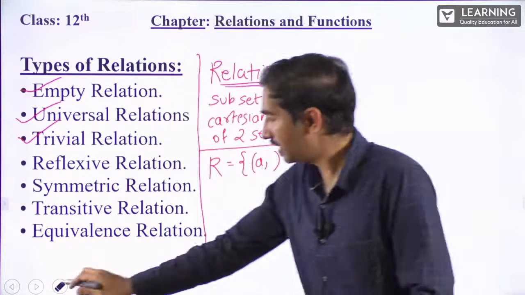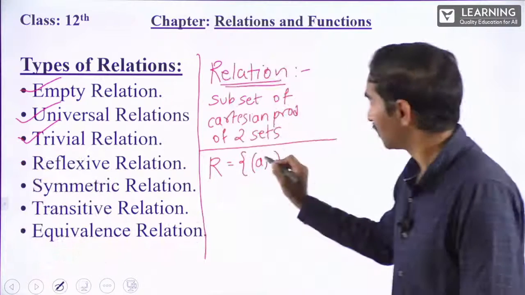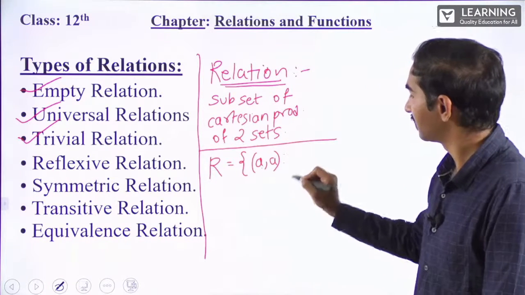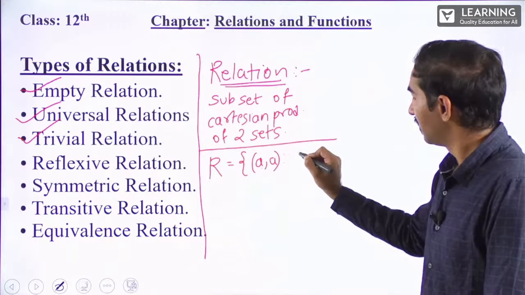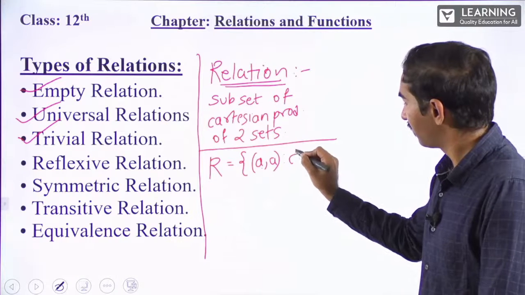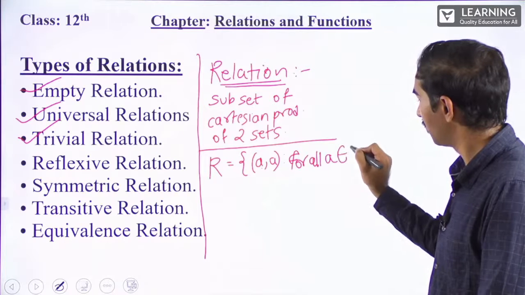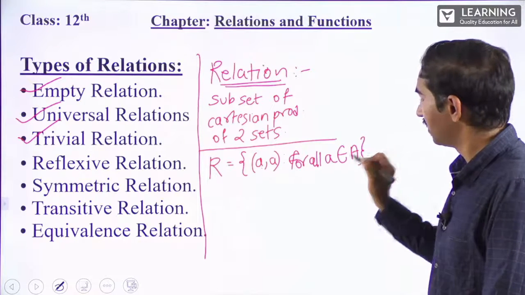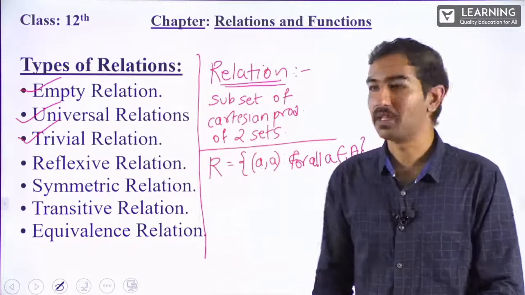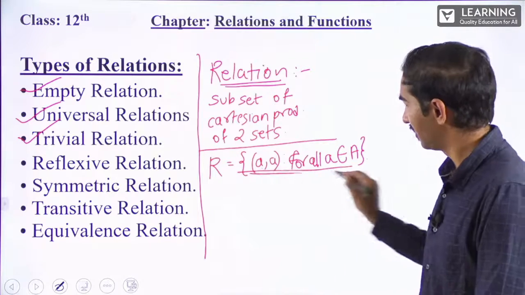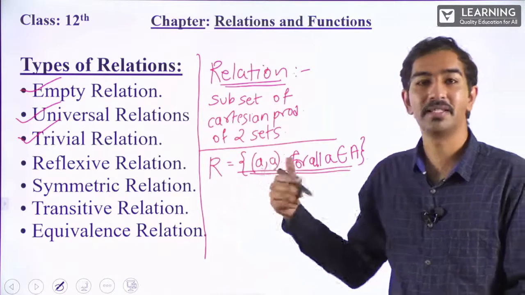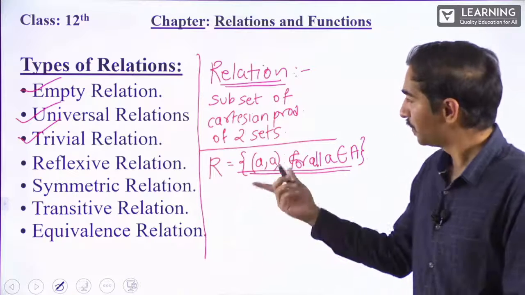So here we will write a again: (a, a) for all a belongs to A. This is called a reflexive relation. This is the definition, in the set builder form.